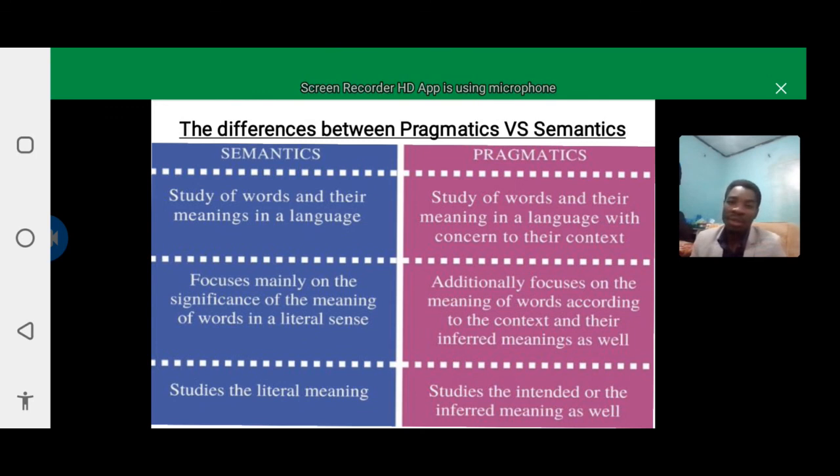In pragmatics we have inferred meanings, and we can obtain these from the speaker's intended meaning. So in pragmatics we have the meaning intended by a speaker. Someone can say something, but mean something beyond what they have said.